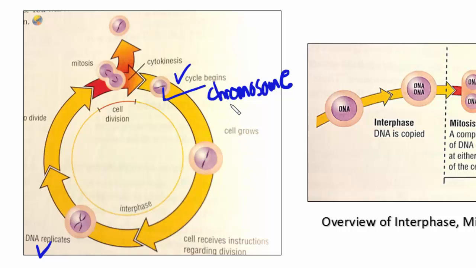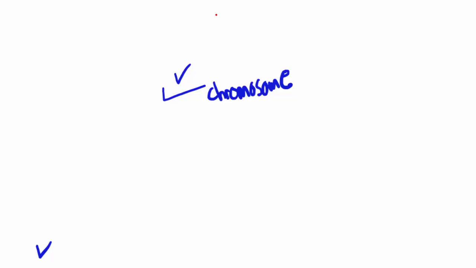Now, give me a minute here, and let's actually talk about why cells are going to reproduce. I'm going to get rid of those labels. Come back over here, and imagine that you've got a cell, and I'm not going to draw a circle. I'm going to draw something like a cheek cell. There's the nucleus in there, and let's assume there is one chromosome.